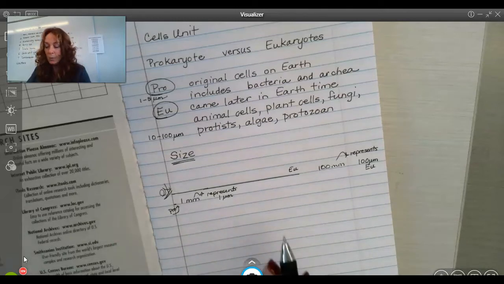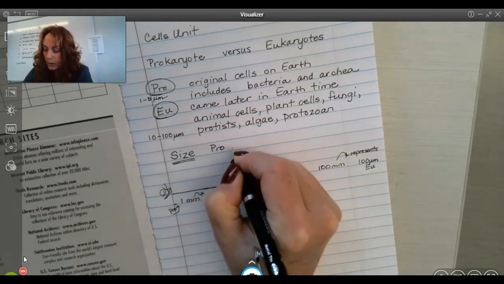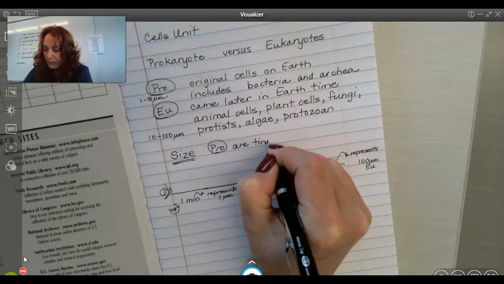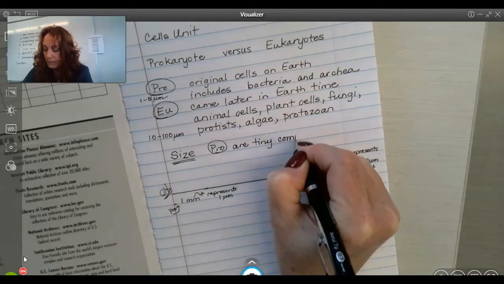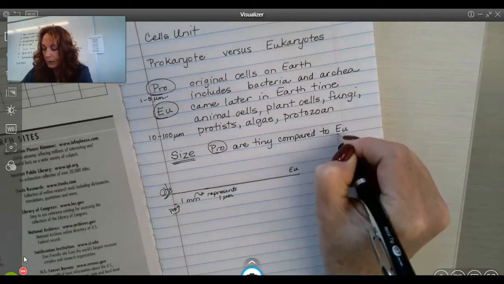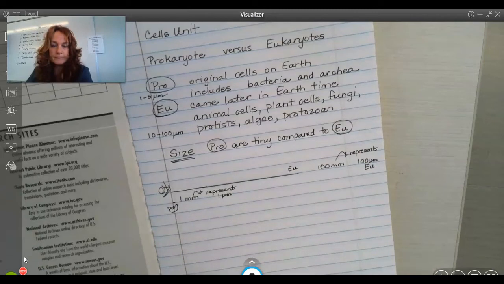So size-wise, prokaryotes are tiny compared to eukaryotes. 1/100th, 1%, tiny compared.